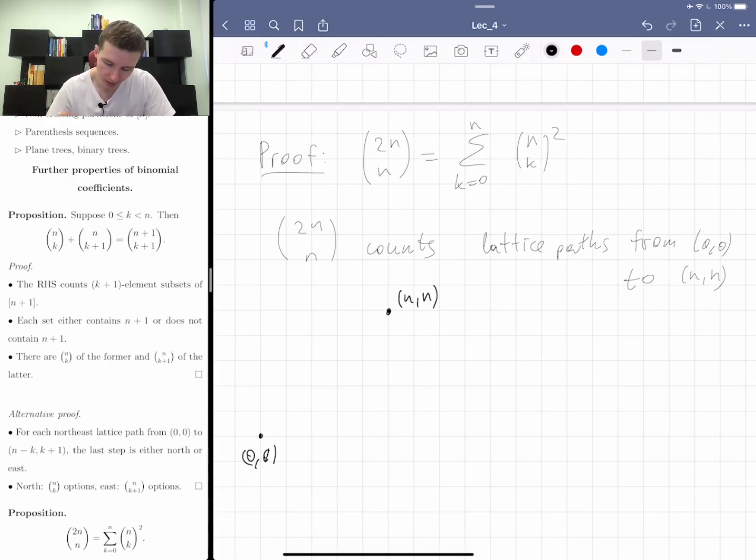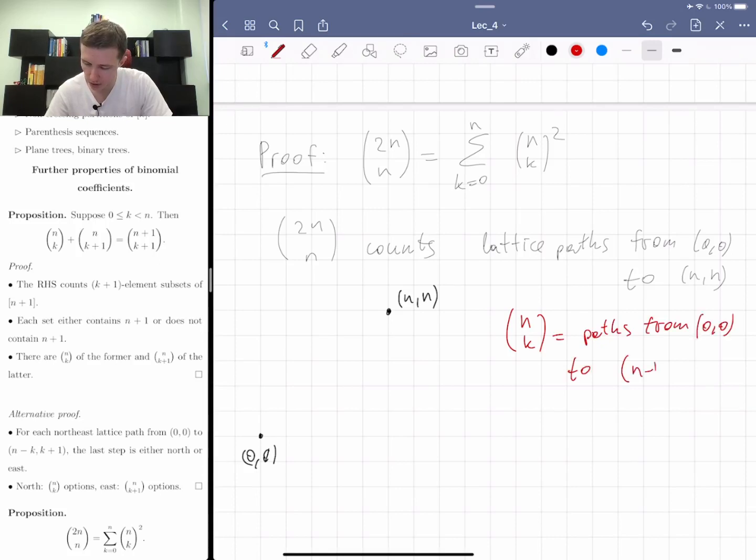So the point is that n choose k counts lattice paths. What is each n choose k counting? As k goes from 0 to n, n choose k counts the paths from 0, 0 to the point n minus k comma k.